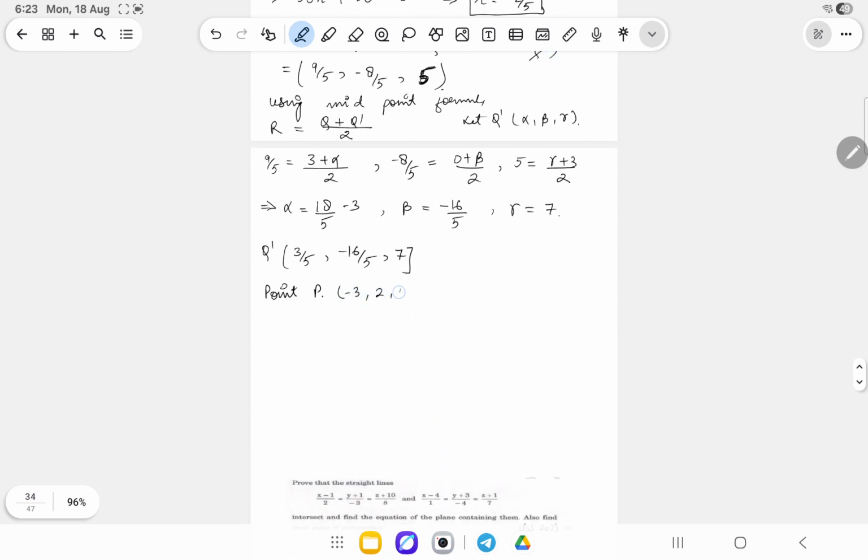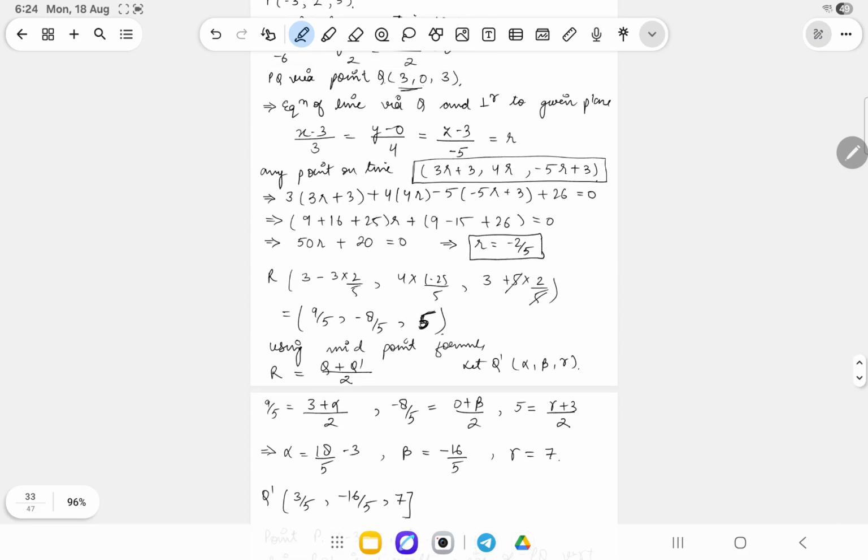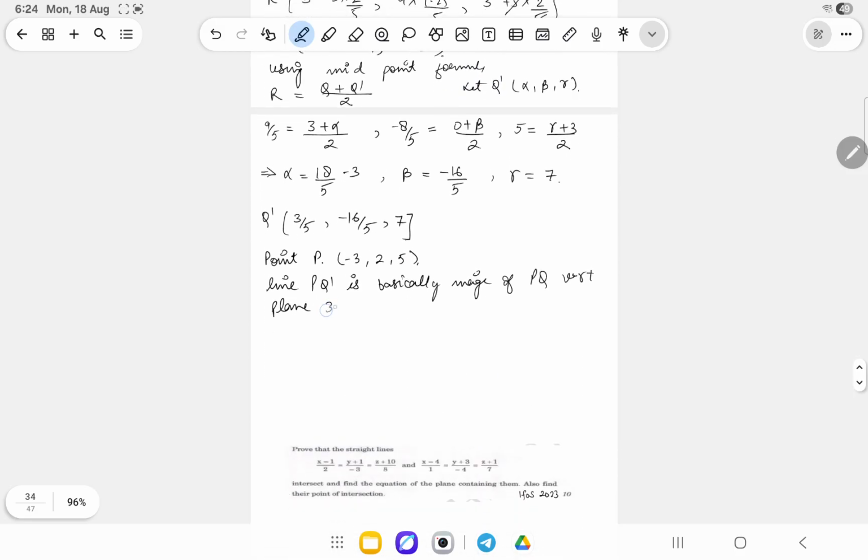So line PQ dash is basically the image of PQ with respect to the plane, and the given plane is 3x plus 4y minus 5z plus 26 equals 0. So we have 2 points and we can easily calculate the equation of the line using these 2 points.